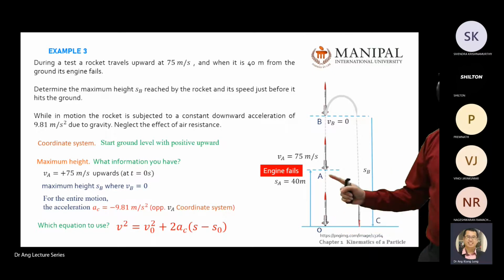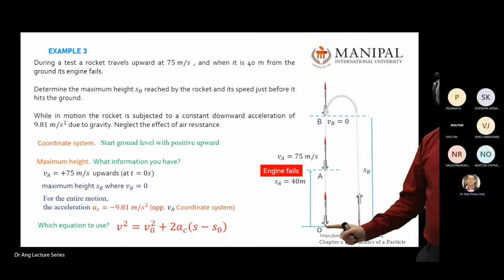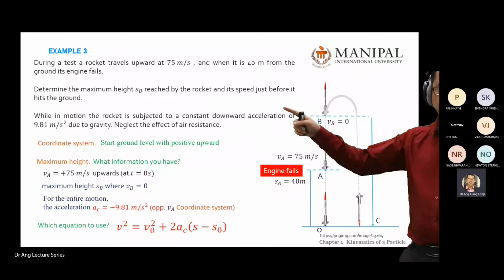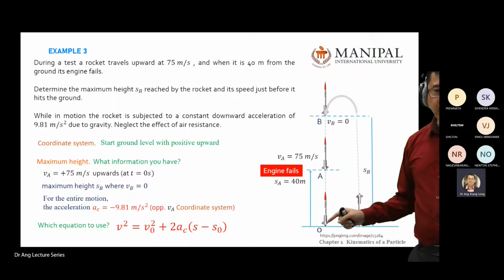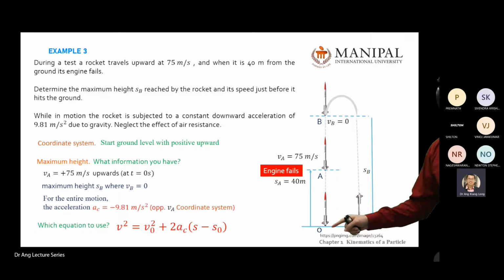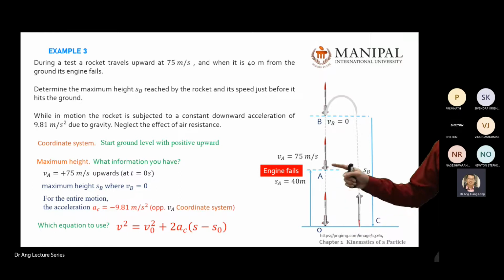Here to here, there's a change of velocity, but in this case you don't know the velocity here. The question doesn't tell you. Even if you assume it is 0, then it reaches from 0 to 75.